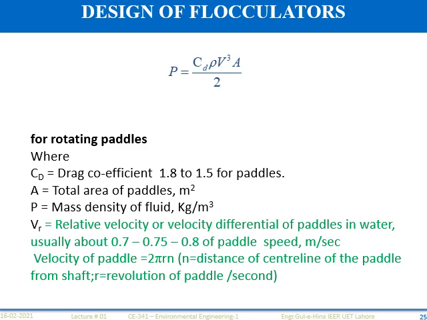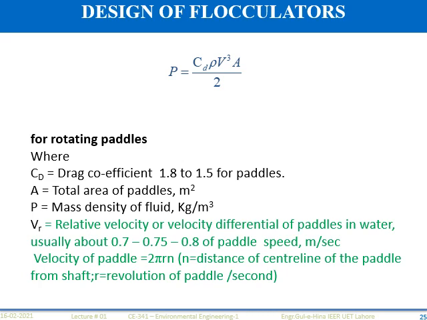Rho is the mass density of the fluid in kg per meter cube. VR is the relative velocity, or the velocity differential of the paddle in the water. Usually it is taken between 0.7 to 0.8 of the paddle speed. So whatever your paddle speed is, 70 to 80% of it gives you the relative velocity of the paddle.